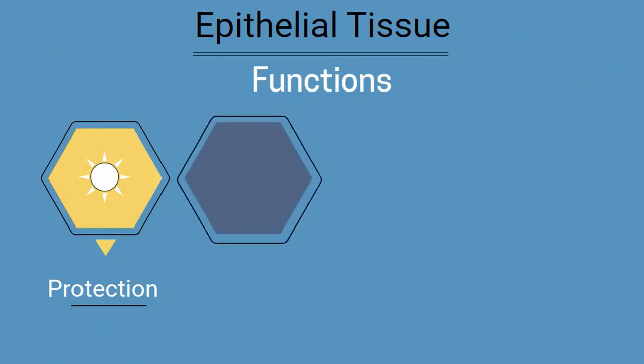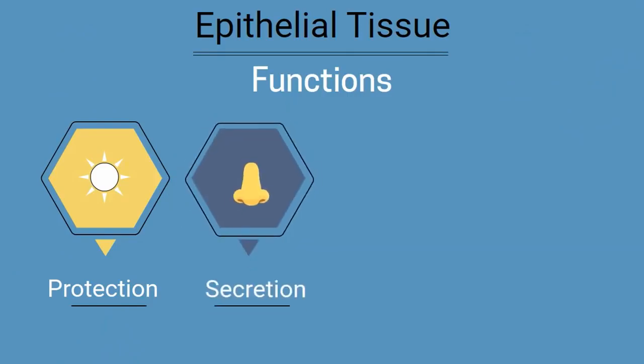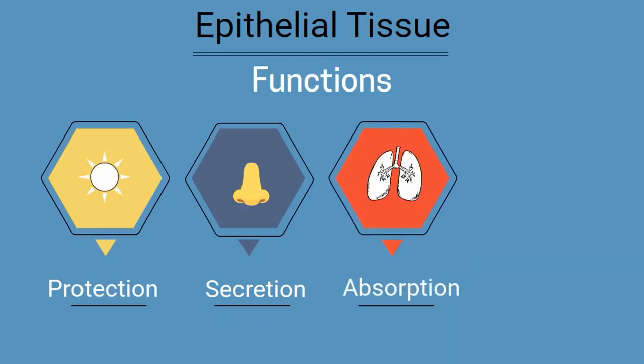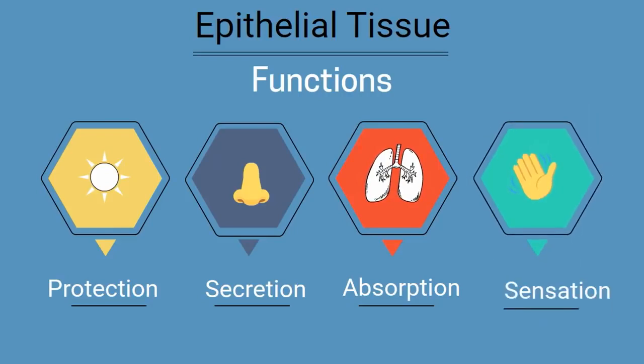Next, they're involved in secretion of sweat or hormones and even mucus. They also are involved in absorption and exchange. For example, oxygen and CO2 are exchanged through epithelial tissues, and also epithelial tissues are important in sensation and how we touch and feel our world.